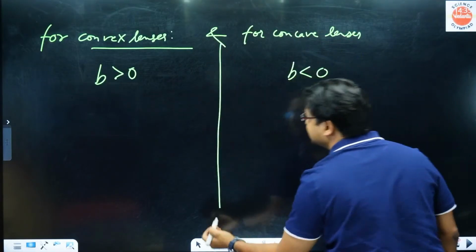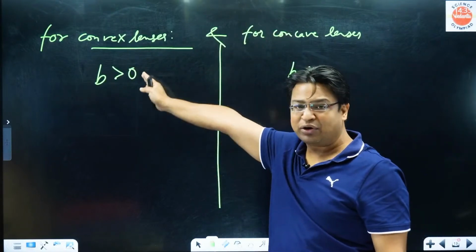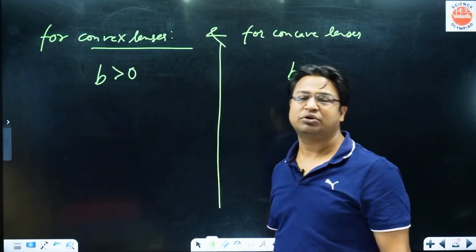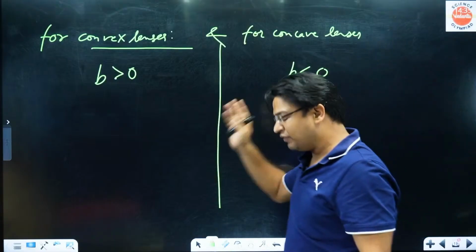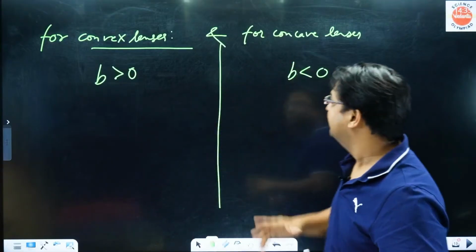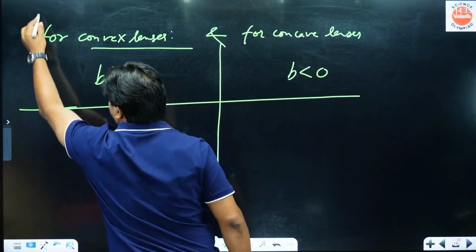B is decided by geometry. So if you are dealing with a convex lens, whether it is biconvex, plano-convex, or concavo-convex, B will come out to be a positive number. And if you are dealing with a concave lens, whether it is biconcave, plano-concave, or convexo-concave, B will come out to be a negative number. So this is the situation regarding the geometry.